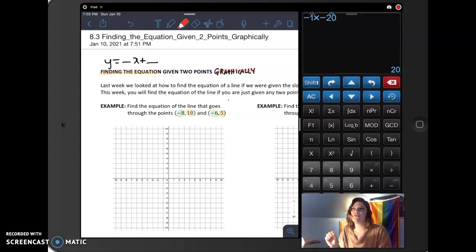Mathematicians are lazy. They want to find the quickest, easiest way to do things, and algebra is usually the quickest, quote unquote, easiest way. But graphing and seeing visually what's going on can be a really great way to understand the question. So that's what we're going to do in this lesson: get to the root of the problem and really understand what's going on. So let's get started and do a couple examples.